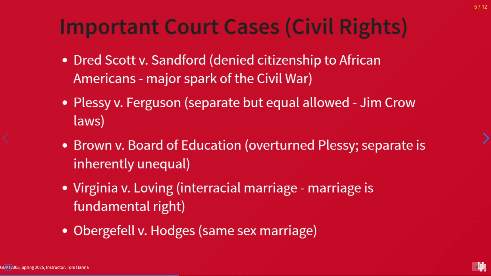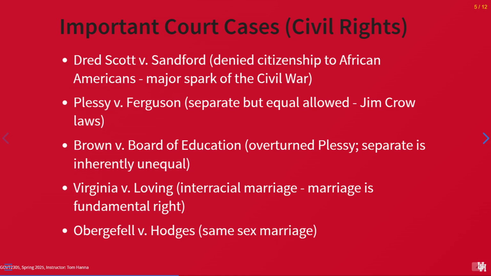Obergefell versus Hodges in 2015 did the same thing with same-sex marriage, except that since race was not involved, they could not rely entirely on the Equal Protection Clause, because it's equal protection regardless of race. And so they couldn't rely on that. It took longer to get there.